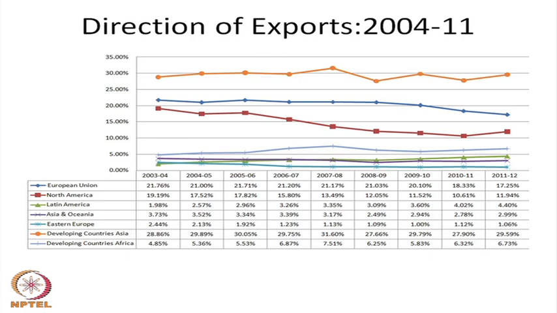We have to explore the trade link further, and the potential of trade for export is quite high if you give more importance to developing Asian and African countries. Our trade with developing countries in Asia has increased significantly. It is almost 30% of our export revenue.